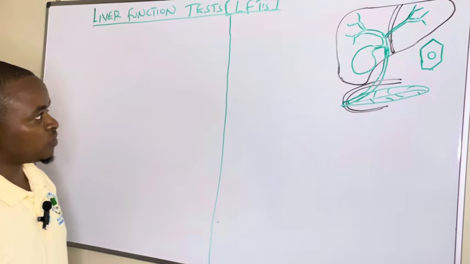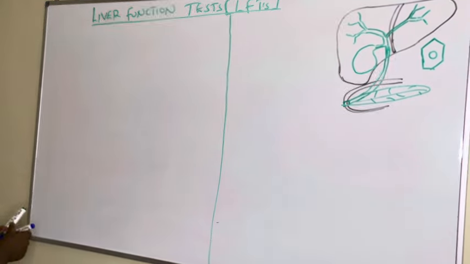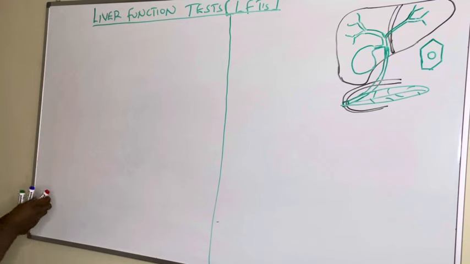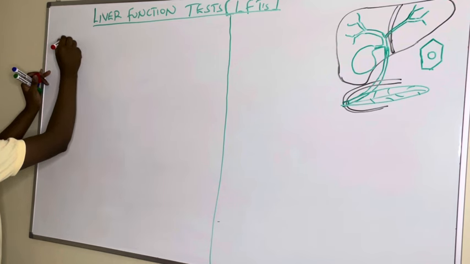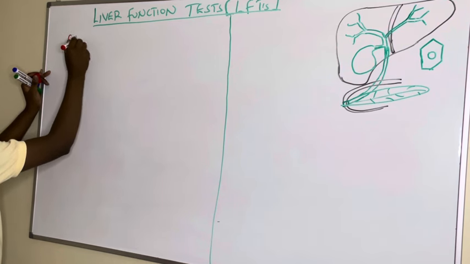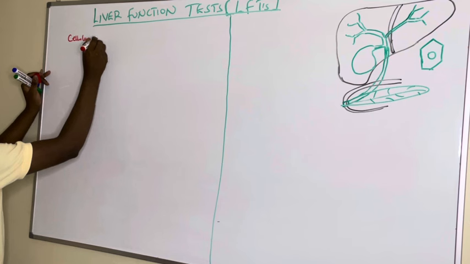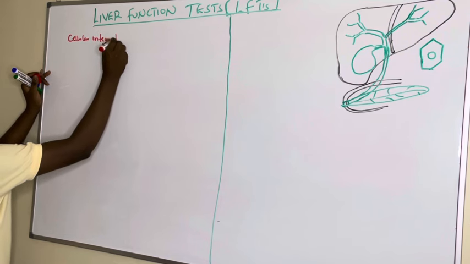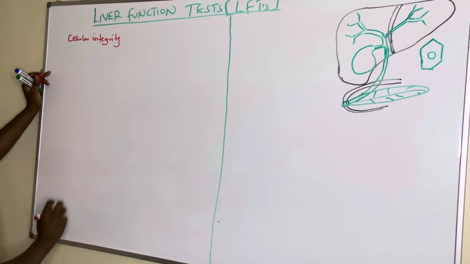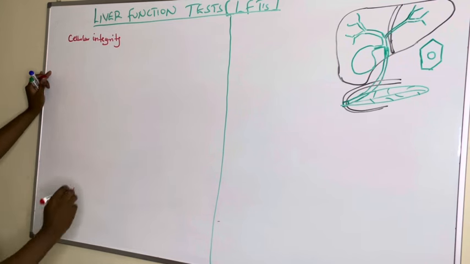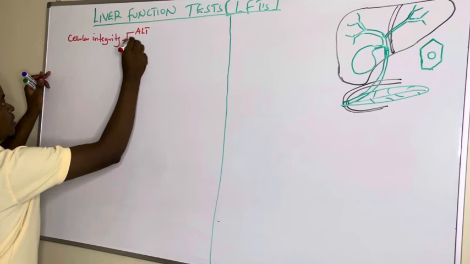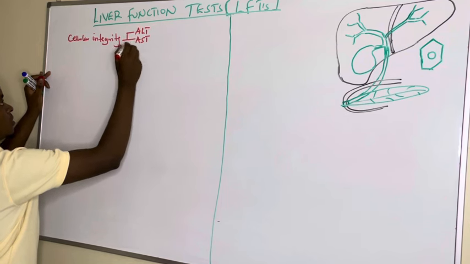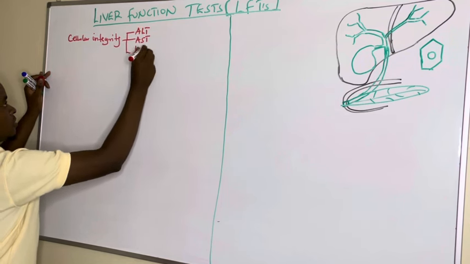The liver function tests we have, majorly, are a panel, and they are categorized majorly into three. Those that test the integrity, what we call cellular integrity, and test hepatocellular integrity include majorly ALT, then we have AST and LDH.